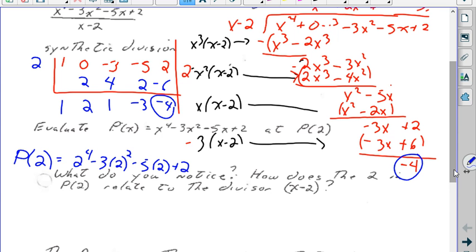When you plug all that into your calculator, what do you get? Yes, negative 4. This works out to be negative 4.